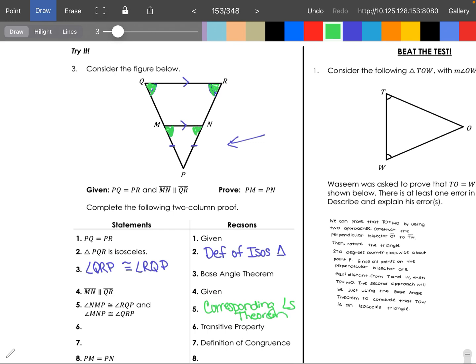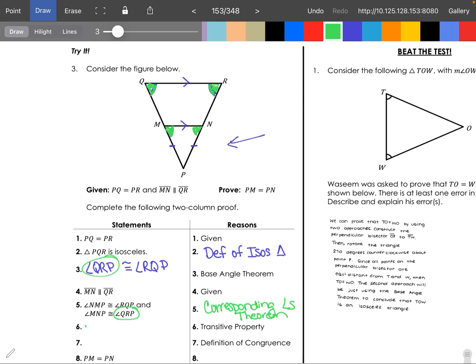Okay, so now it's showing transitive properties. What I'm trying to do is prove that that triangle is an isosceles, or that the sides are congruent. I know that the base angles are there, so I'm going to eliminate the QRP. So QRP is congruent to RQP, so QRP is congruent to MNP.